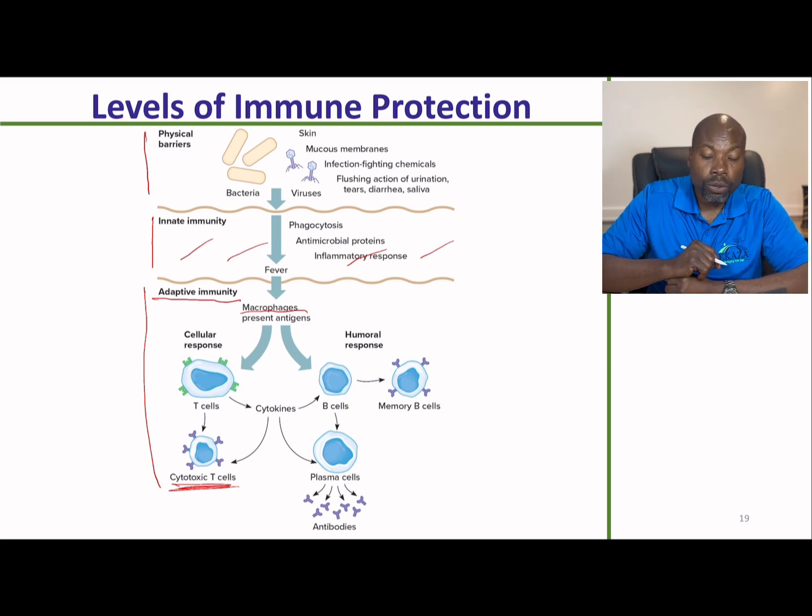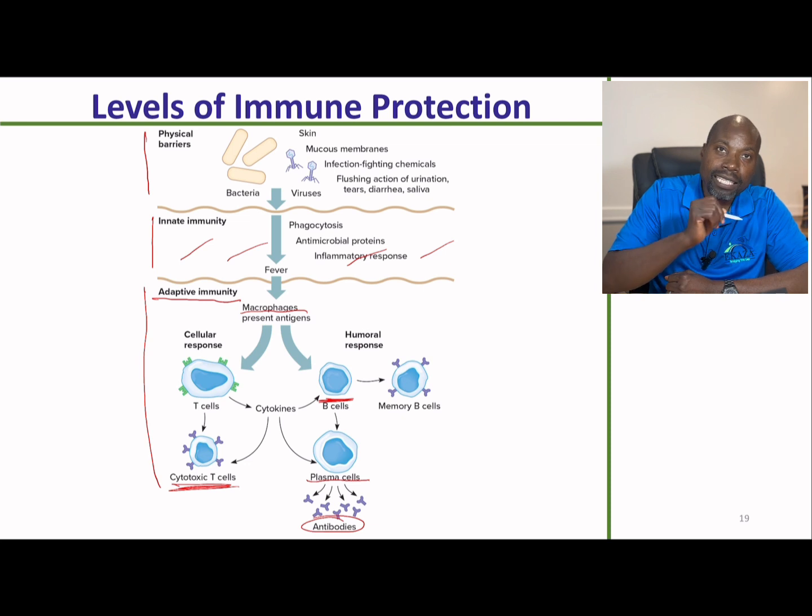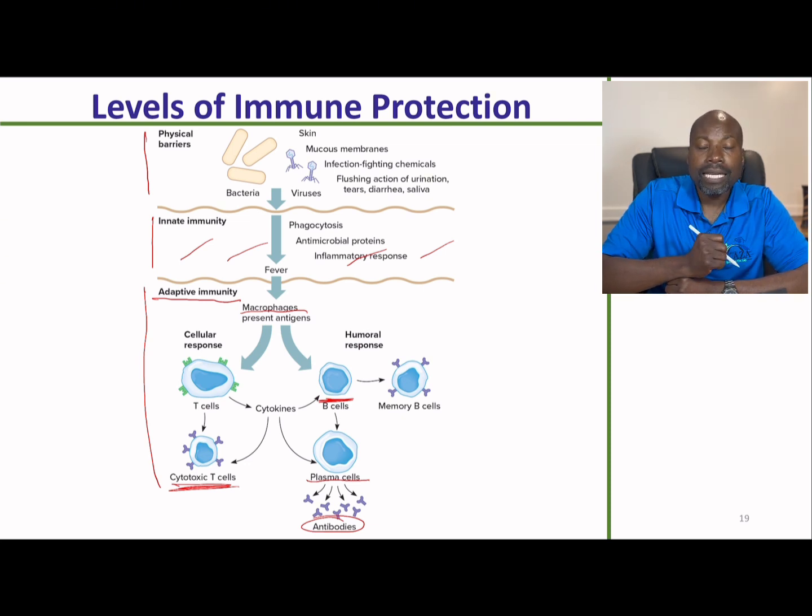So that's one. Two, it's going to be that B cells are going to undergo differentiation and form plasma B cells, and by forming plasma B cells, they're going to produce antibodies that are specifically designed against the specific antigens that are present in our body at that time.